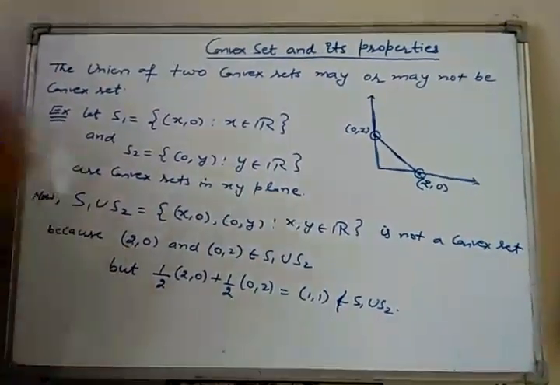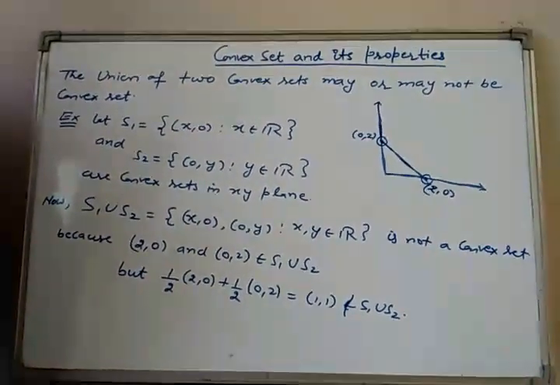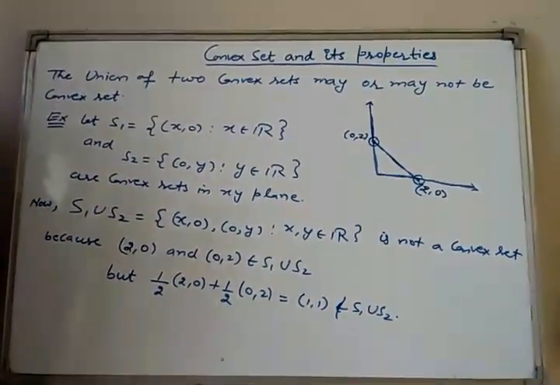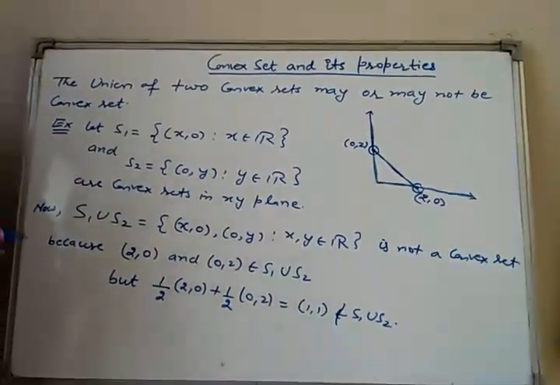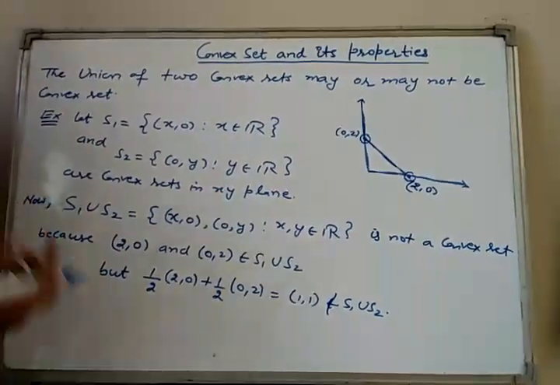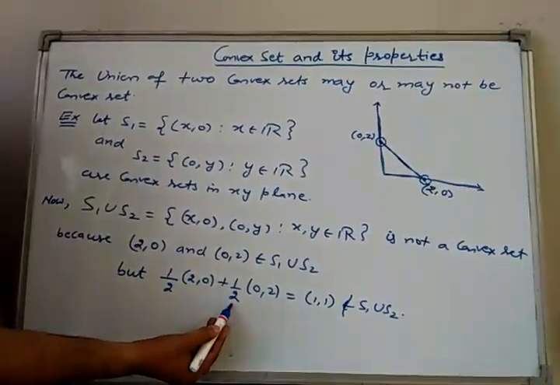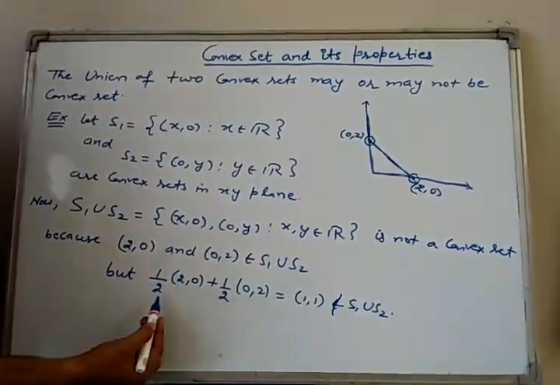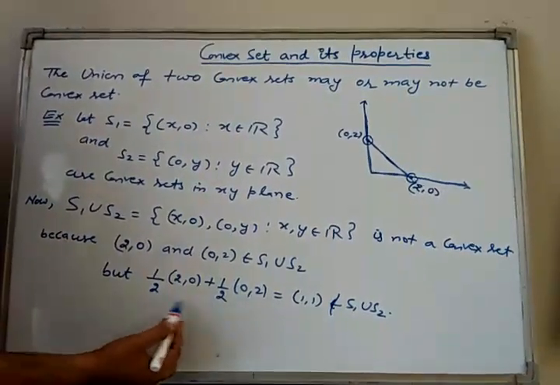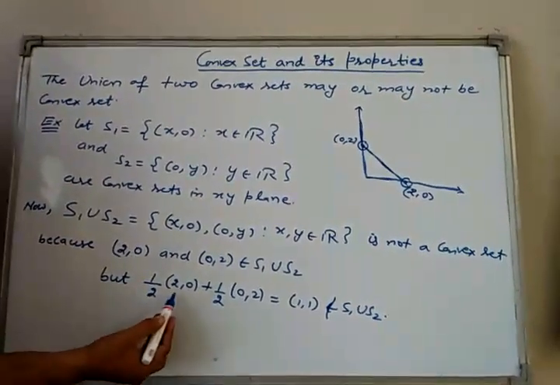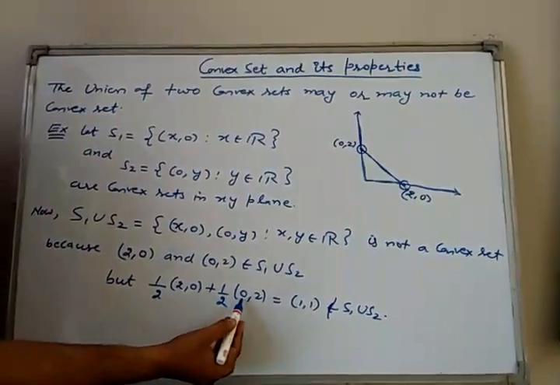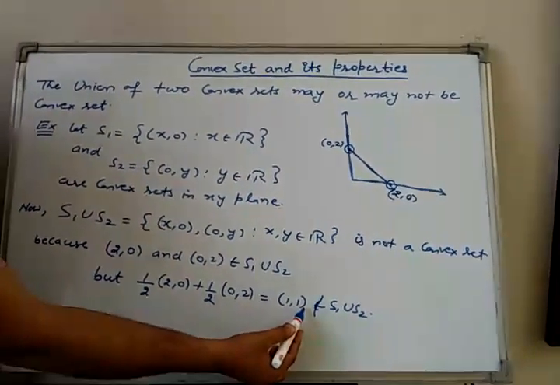For the CLC of these points, we have to take two scalars in such a way that their sum is 1 and both scalars are non-negative. We take alpha 1 as half, alpha 2 as half. Their sum is 1 and both are non-negative. Therefore, half times (2, 0) plus half times (0, 2) becomes (1, 1).